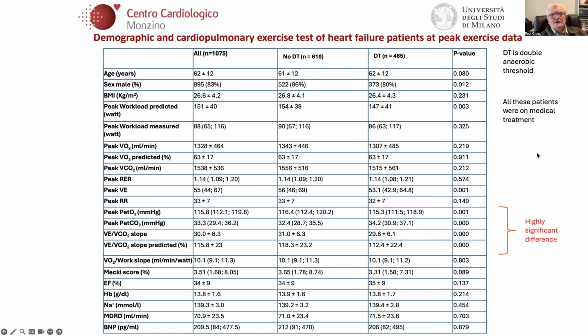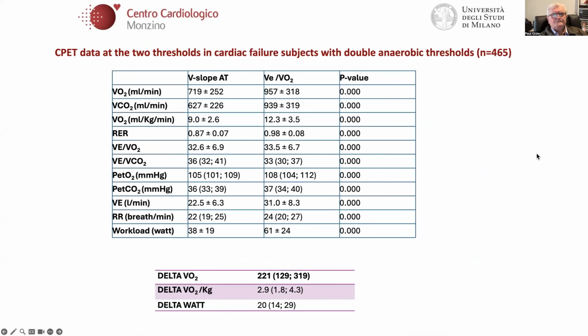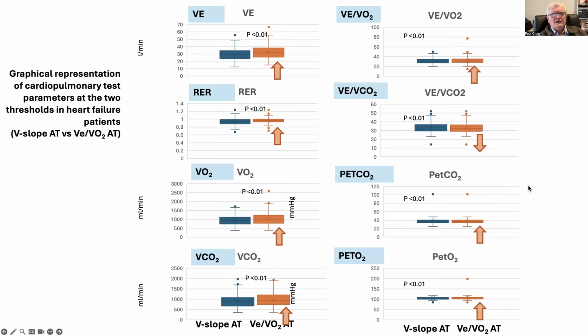Here you can see again, always the V-slope method appears before the VO2 method, is highly significant. And here you have the box and whisker plot, which demonstrates that. Remember, at any stage, you can look at this again and pause the demonstration to have a longer look at the graphs. Thank you.